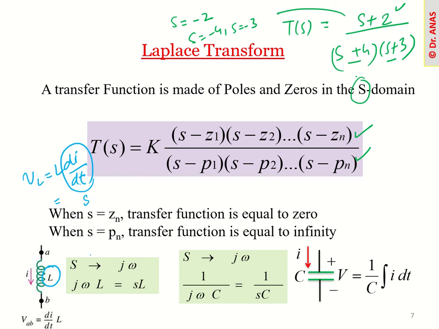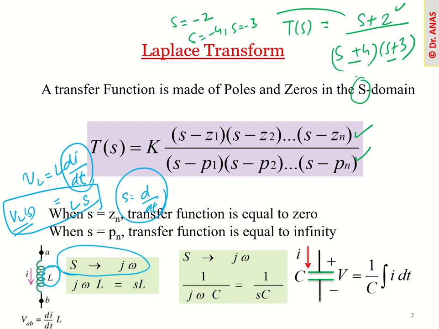So the voltage drop across the inductor will be s times L, because s is equivalent to the derivative in the time domain. Or we can also represent s as j omega, so it could be L times j omega.